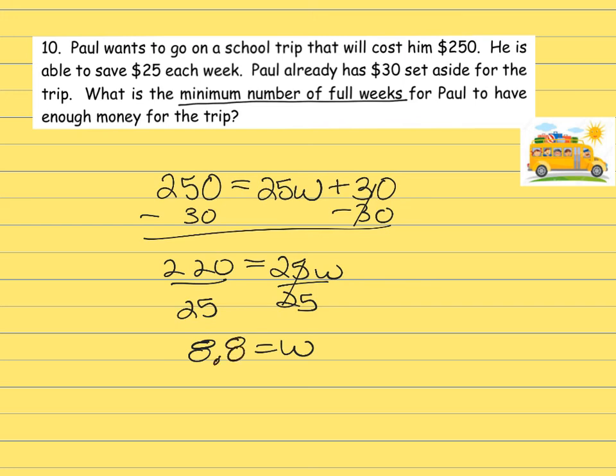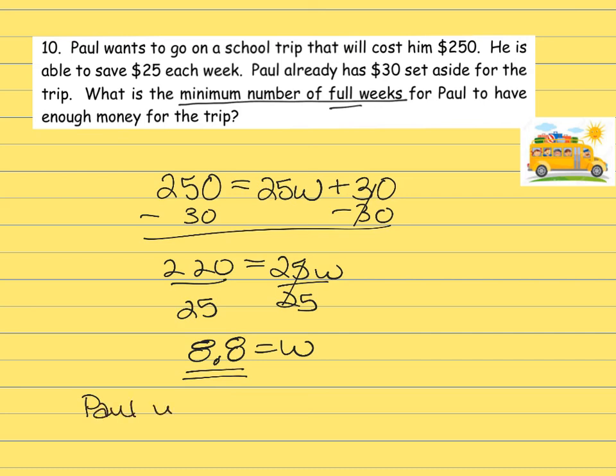So the question is, what is the minimum number of full weeks? We can't have 0.8 weeks. Therefore, the minimum amount of full weeks Paul will have enough money is 9 weeks. So this is one of those problems where you have to check the reasonableness of the answer, and in this case we had to bump up.